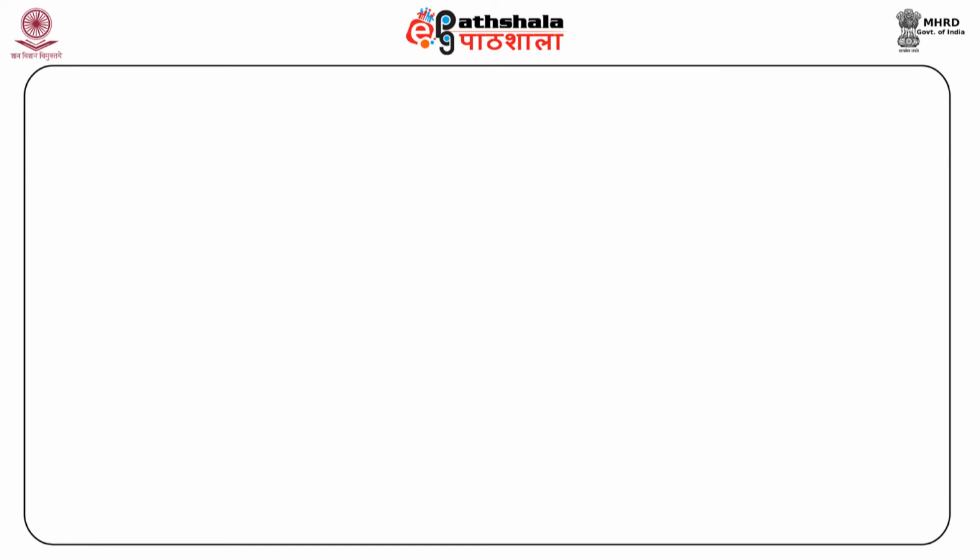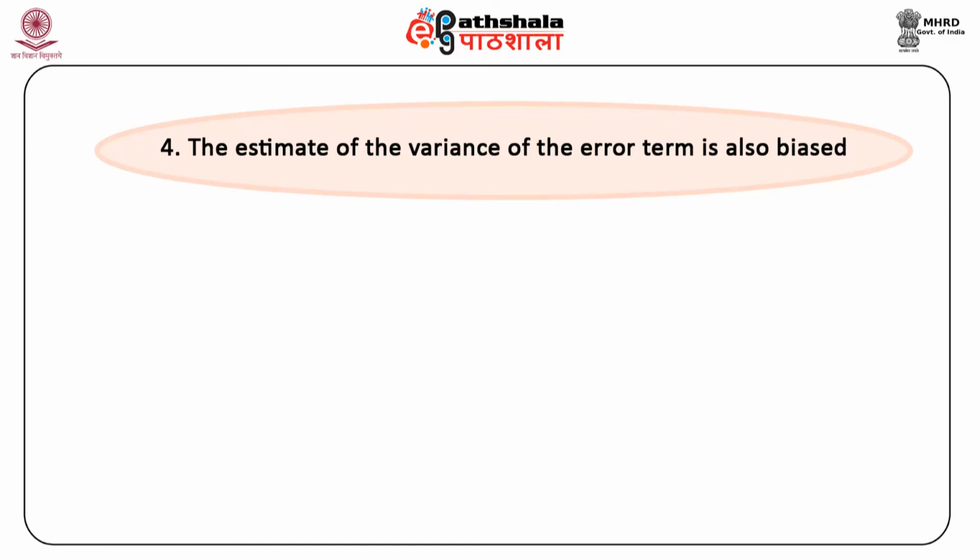Moving on to the fourth consequence of autocorrelation, which is that the estimate of the variance of the error term is also biased. Now this can be seen in the following manner.